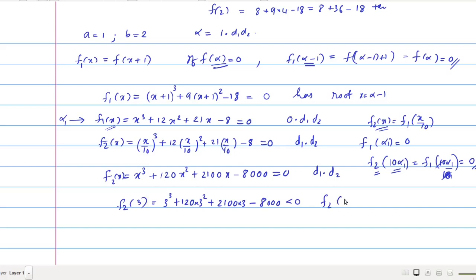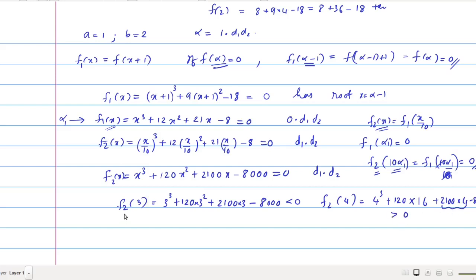Similarly, you evaluate f2 of 4. f2 of 4 is 4 cube plus 120 into 16, that is 4 square, plus 2100 into 4 minus 8000. This number is greater than 8000, so this is always greater than 0.